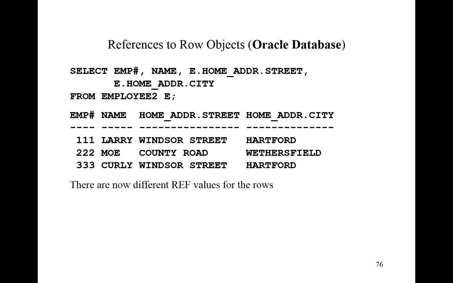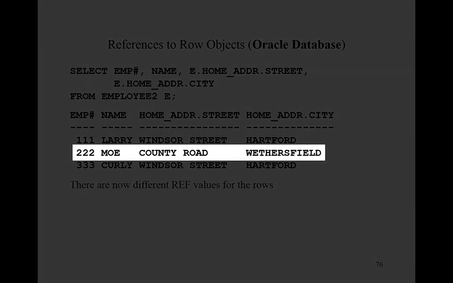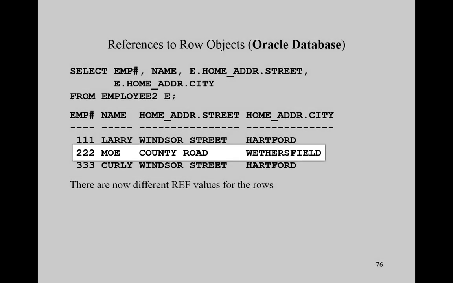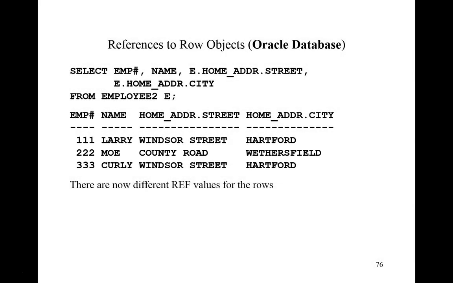We confirm this by running a query against the employee2 table. Observe that Mo, employee number 222, now resides on County Road in Wethersfield. Previously, he had resided with both Larry and Curly on Windsor Street in Hartford. So now there are different ref values for these rows.